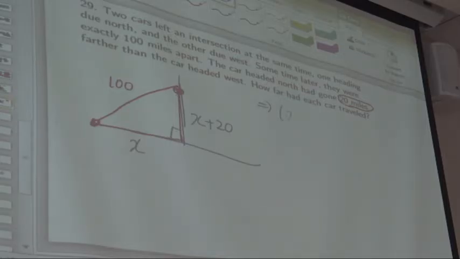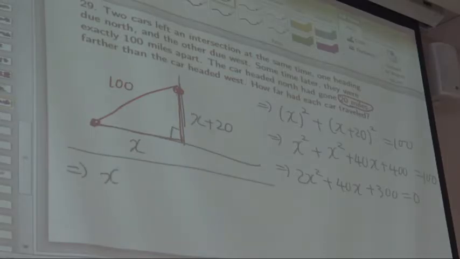We use the Pythagorean theorem: x squared plus (x plus 20) squared is 100 squared. If I expand this, x squared plus 40x plus 400 is 100 squared.